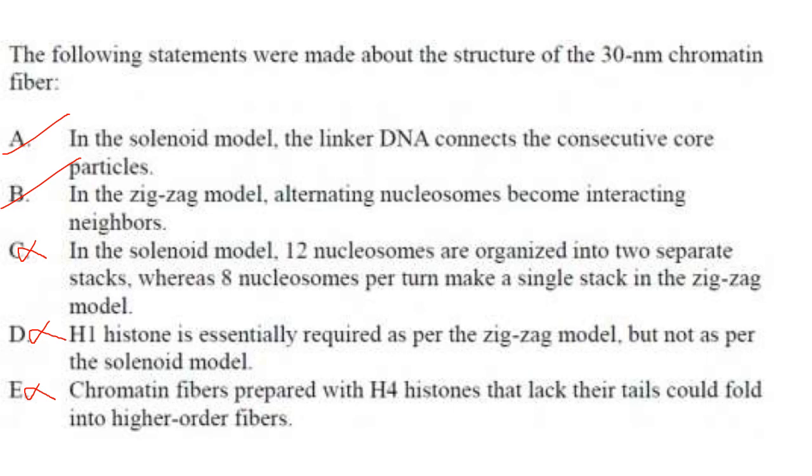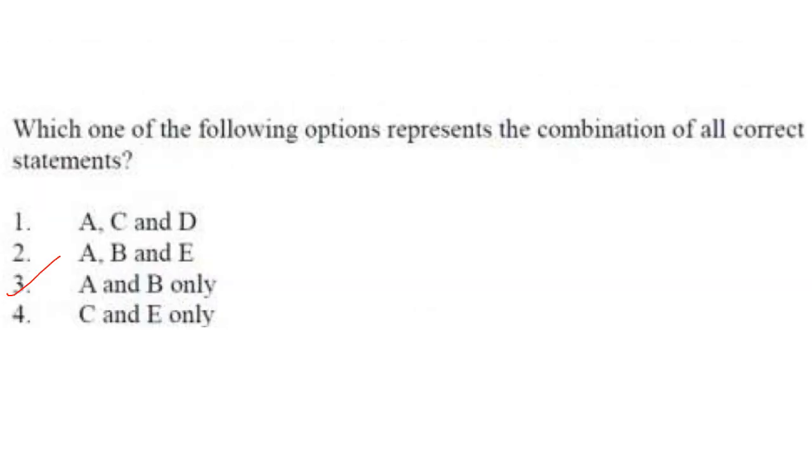H1 histone is essentially required as per the zigzag model but not as per the solenoid model. Both the models require H1 histone. So that is also not correct. Chromatin fibers prepared with H4 histone that lack their tails could fold into higher order fibers. That is also not correct. So the question was, which of the following options represents the combination of all correct statements? So A and B only. Answer is option 3.